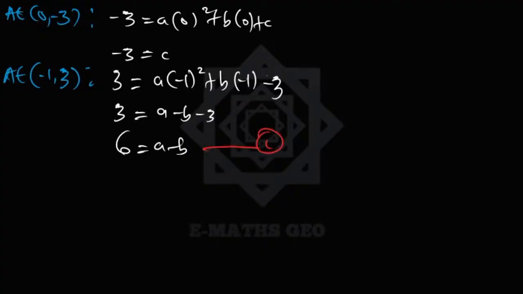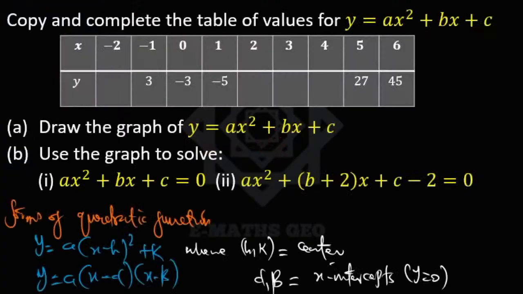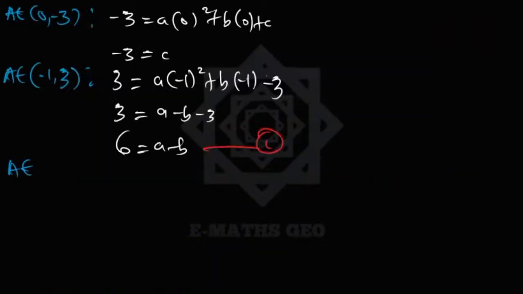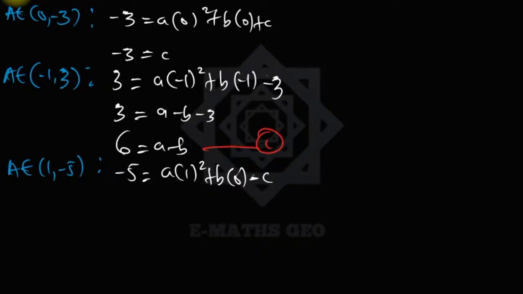So the other one at x = 1, y = -5. So y is -5 and x is 1. So it will still replace c as -3.